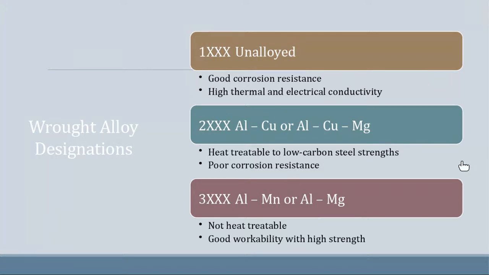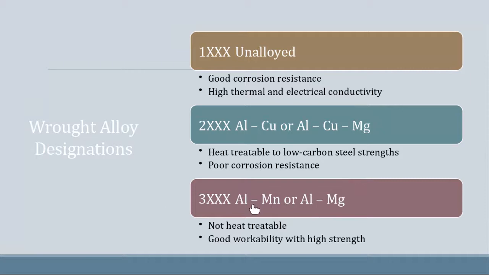Your 2000 series is aluminum and copper, with the addition of magnesium, because the addition of magnesium helps with the heat treatment, giving a 2000 series comparable strength to that of a low carbon steel. So here's where the strength to weight ratio really comes into play. It does have poor corrosion resistance.